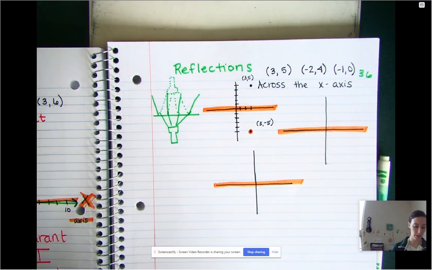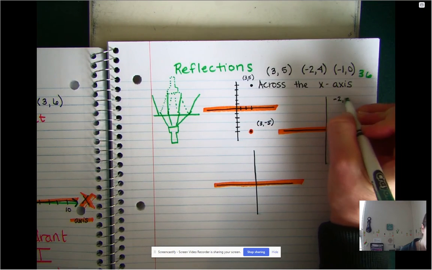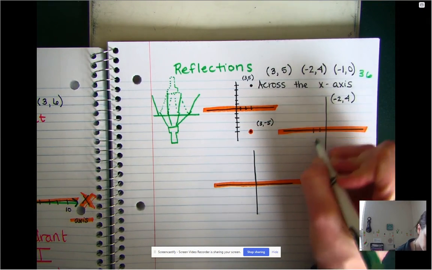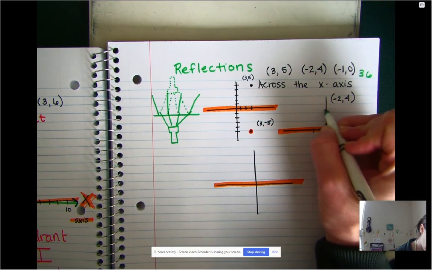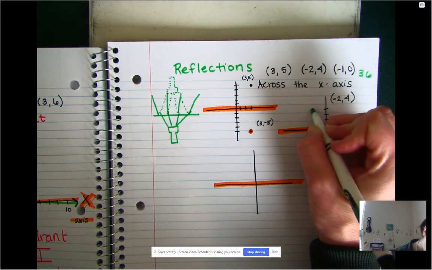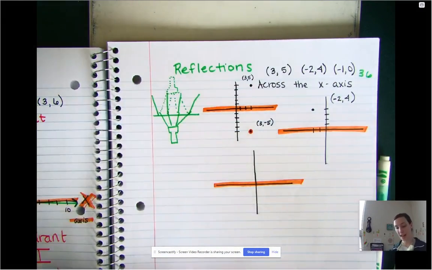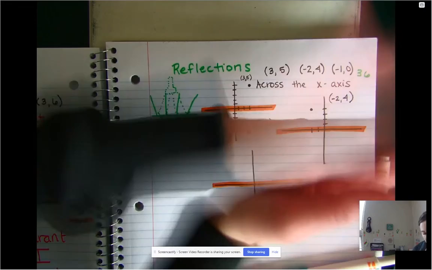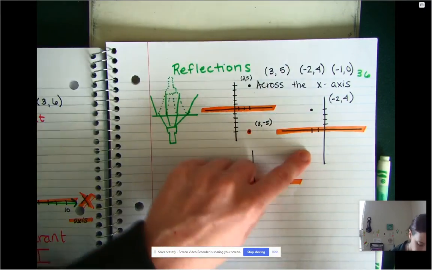Let's do another one. Let's do (-2, 4). So I go over -2, up 4: 1, 2, 3, 4. Here's the original point, reflected across the x-axis. Make it go whoop, like you're taking this and folding it in half. If this was a lot of paint, where would the paint show up over here?